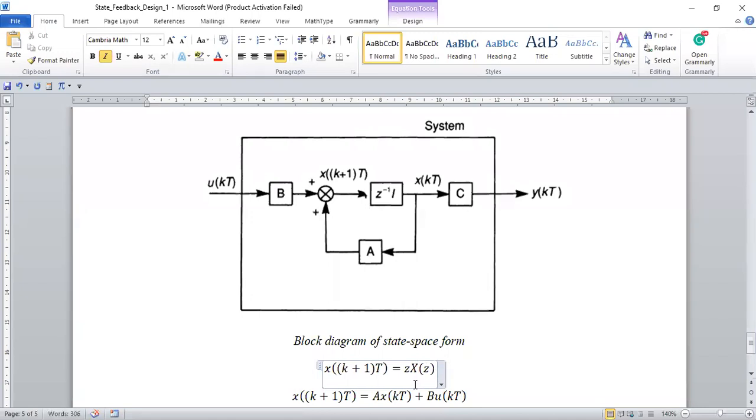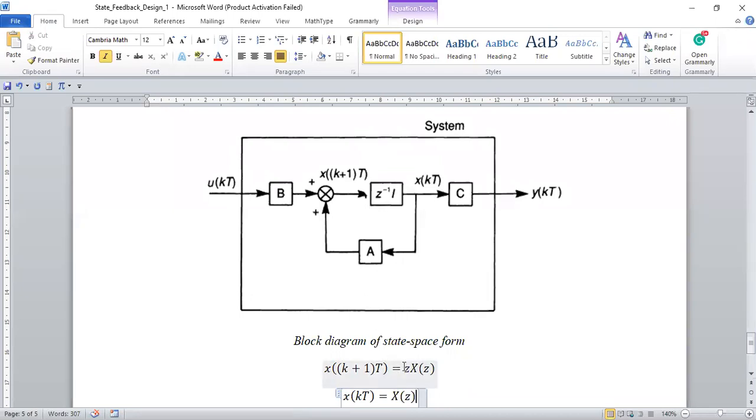Then the z transform of x of kt is given by, is simply equal to x of z. So the relationship, so you have x of k plus 1 t here, and you have x of kt here.